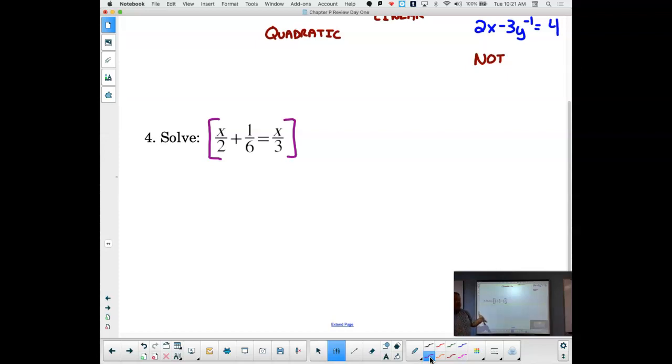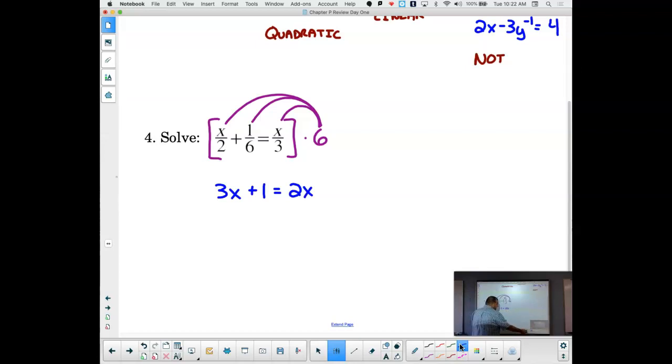Any number that all of them go into, I'm going to multiply that into all 3 spots. So 6 times x divided by 2 is 3x. 6 times 1/6 is 1. 6 times x divided by 3 is 2x.